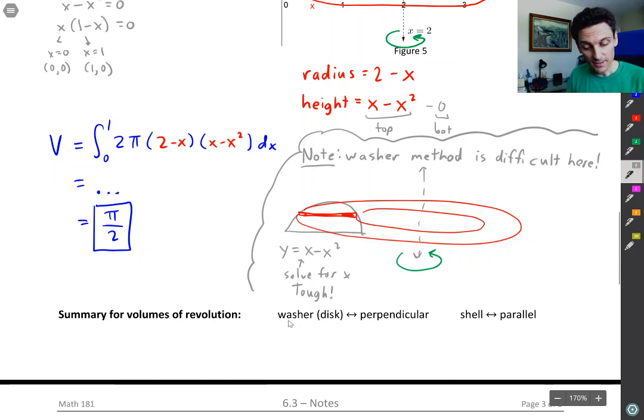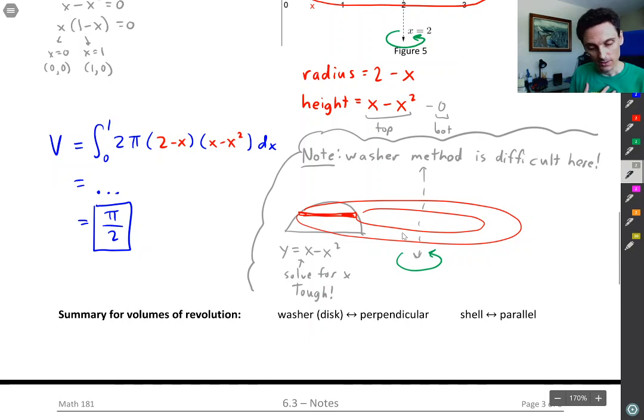The washer or disk method is what you use if you make your rectangles perpendicular to the axis of rotation, and the shell method is what you use if you make your rectangles parallel to the axis of rotation. Now, which one to use? Sometimes you'll be given a choice about which method you want to use, often on tests. Which one you use just depends on which is going to be easier.